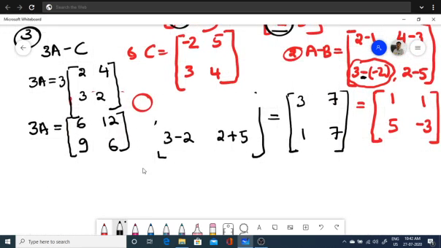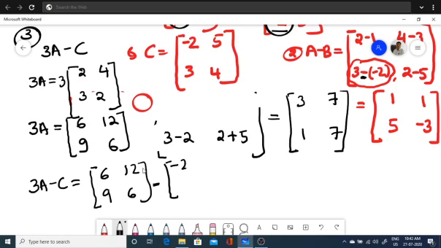So now we have to find out 3A minus C. So 3A minus C is 6 12 9 6, and minus C will be minus of minus 2 5 3 4.